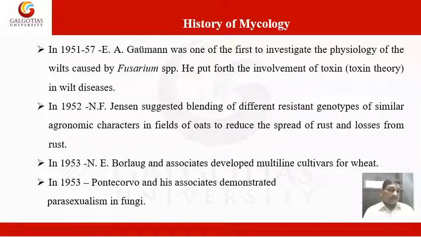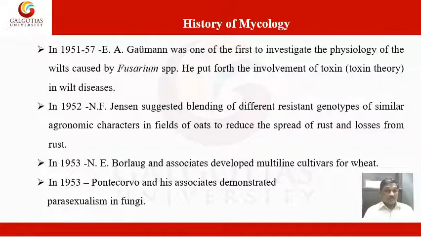In 1952, N.F. Jensen suggested blending different resistant genotypes of similar agronomic characters in fields of oats to reduce the spread of rust and losses from rust.